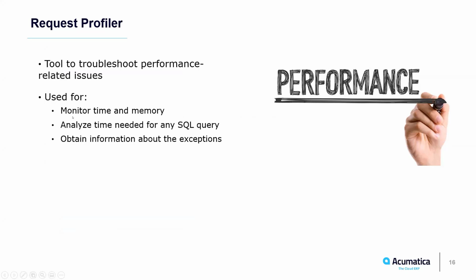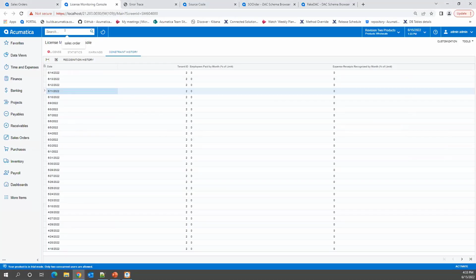The first one is to monitor time and memory. Then you can also analyze the time needed for any SQL query which runs on the system. And lastly, it is used to obtain information about exceptions that have occurred in the Acumatica ERP instance. So let's go and check the Request Profiler.